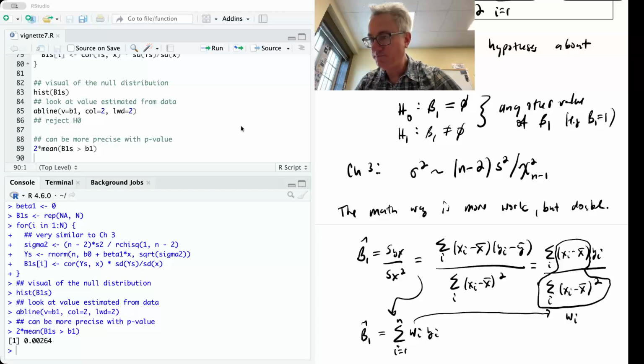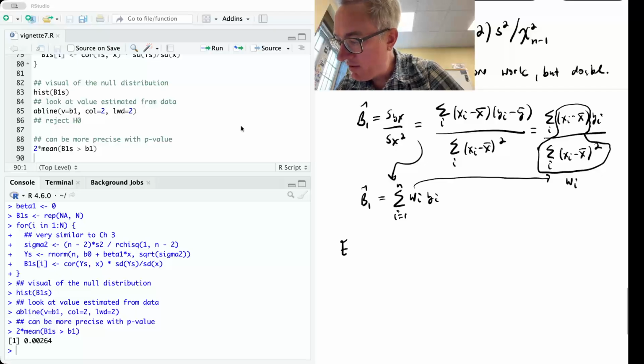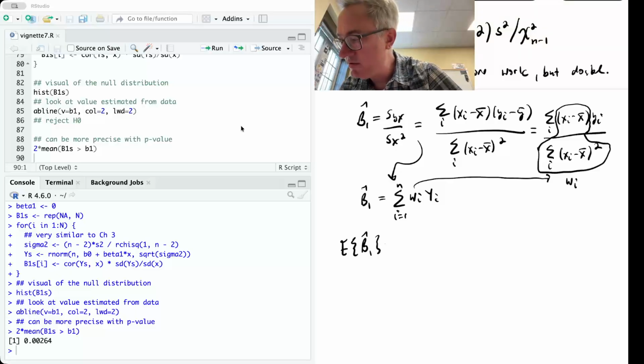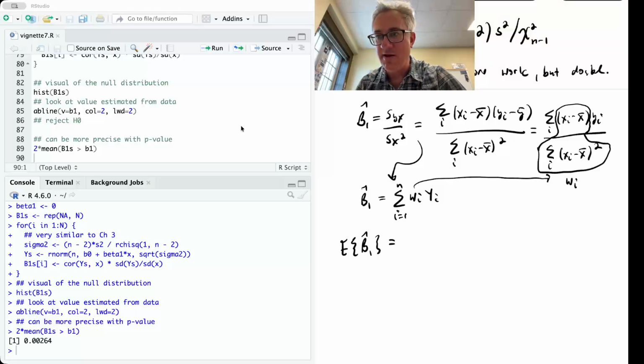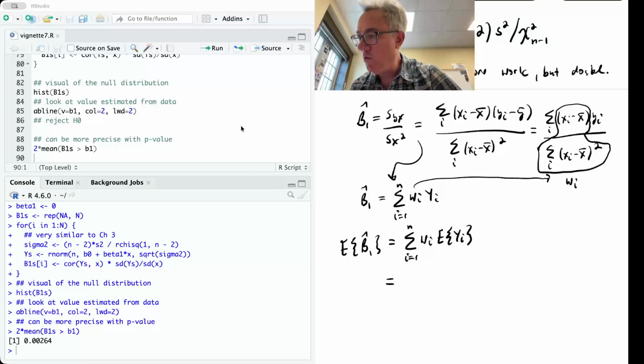The reason for writing it like that is I can calculate the mean of this estimate with respect to the distribution of y. So here I'm really thinking about these y's now as random variables, as capital letters. I can use linearity of means to distribute the expectation through, and then I can break out what this means.